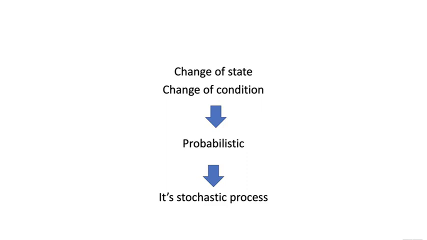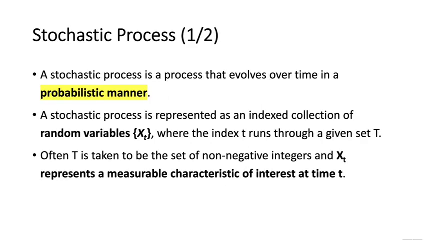Okay, stochastic process. A stochastic process is a process that evolves over time in a probabilistic manner, and a stochastic process is represented as an indexed collection of random variables. We call it Xt, where the index t runs through a given set T. Often T is taken to be the set of non-negative integers, and Xt represents a measurable characteristic of interest at time t.